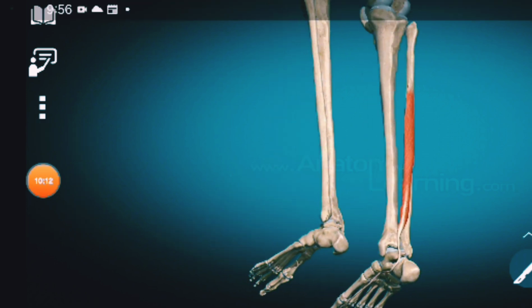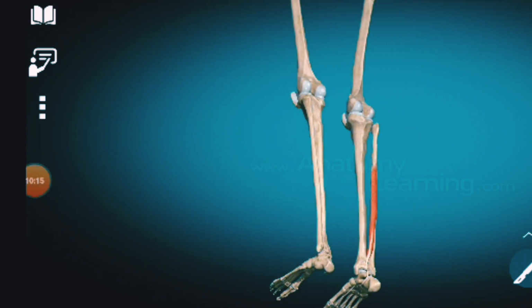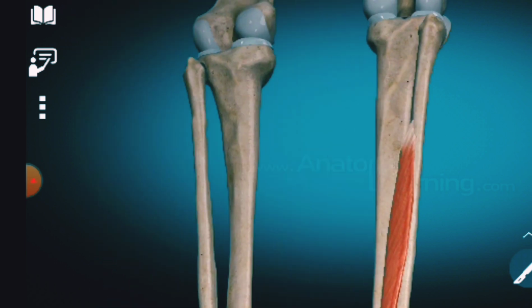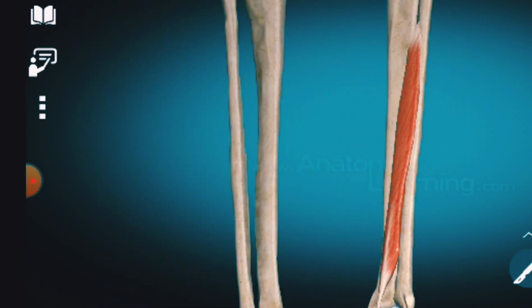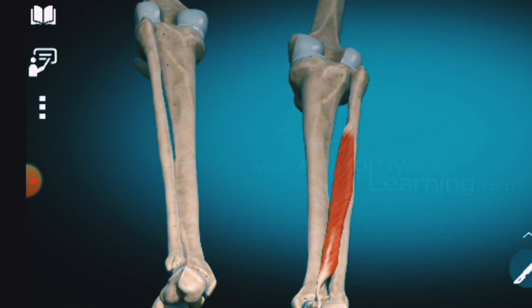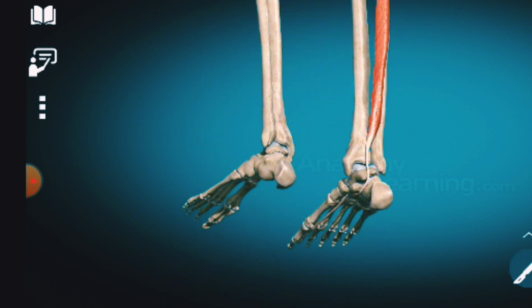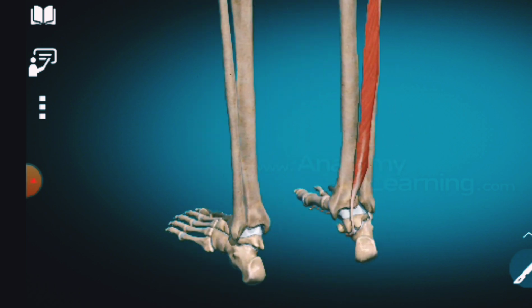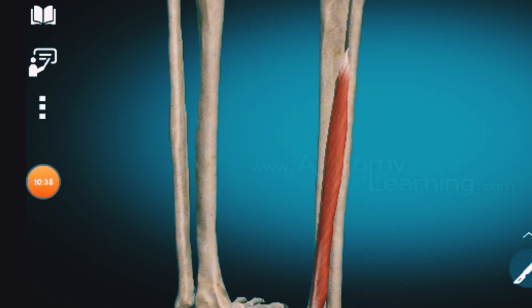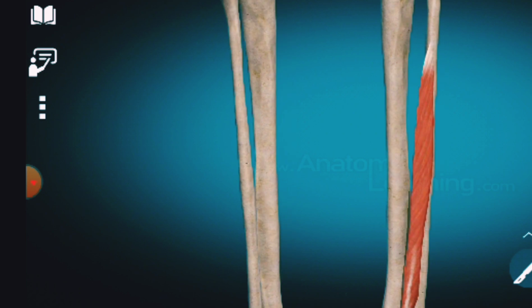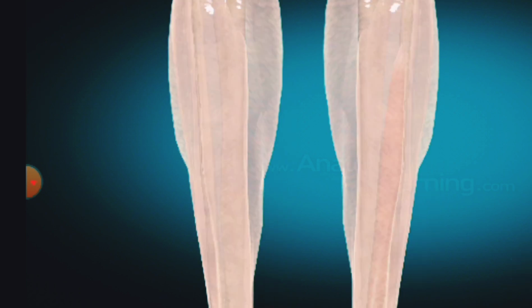So beginning with the flexor hallucis longus. Here is the muscle, as you can see, running down the sole of the foot. This muscle originates from the distal 2/3 of the posterior fibula and the interosseous membrane.